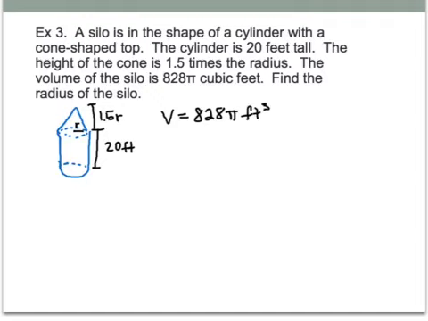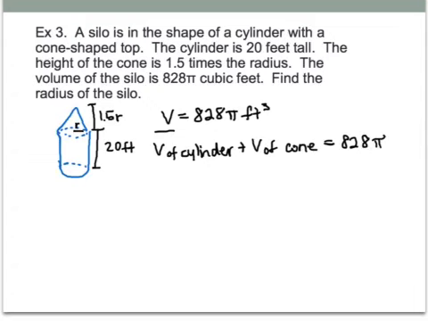And we want to find the radius of the silo. We're going to do this by using the volume formula. So I have the volume of the cylinder, plus the volume of the cone. And together those should equal 828 pi.